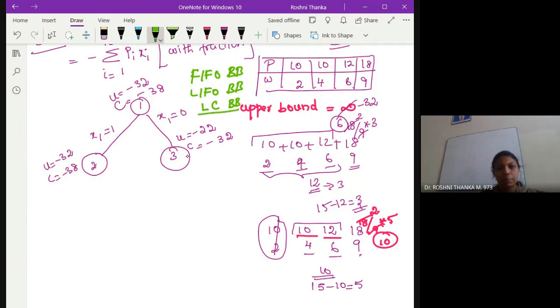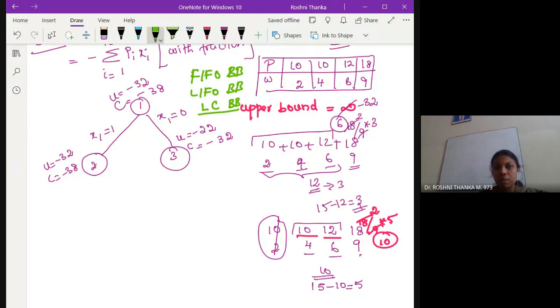In our problem, least cost branch and bound is the fastest one. You can also do it with first come, first out, where whoever came first, we solve first. That involves some more steps than least cost, so least cost is the faster one.